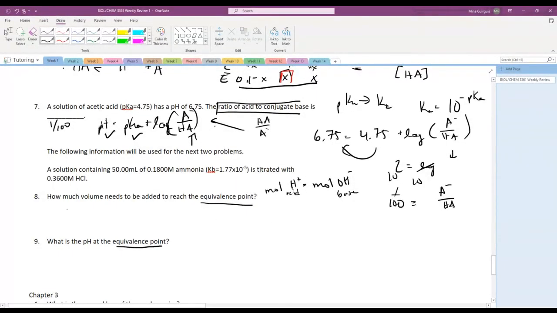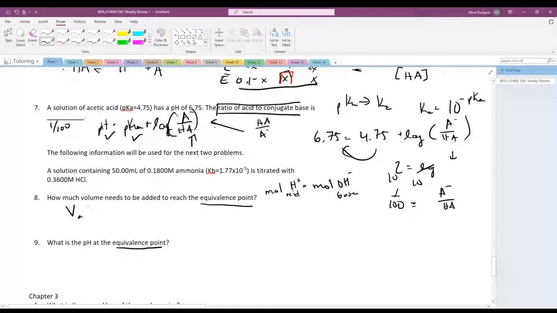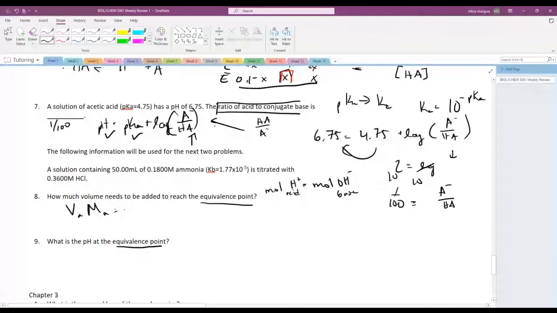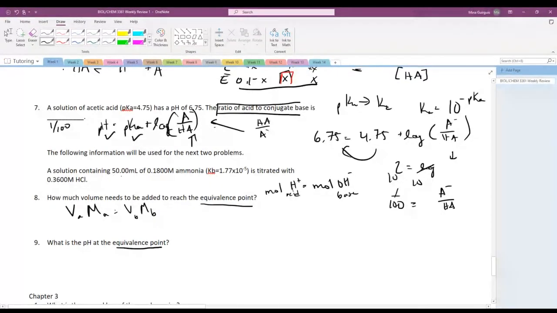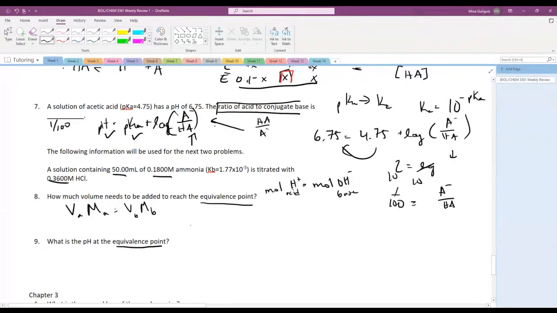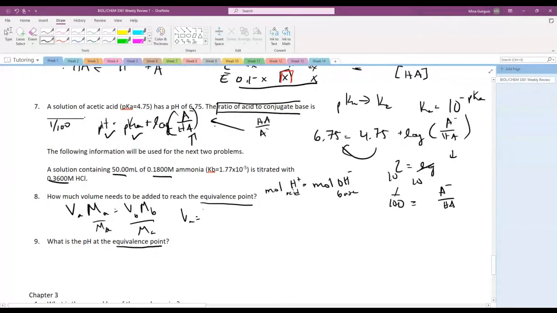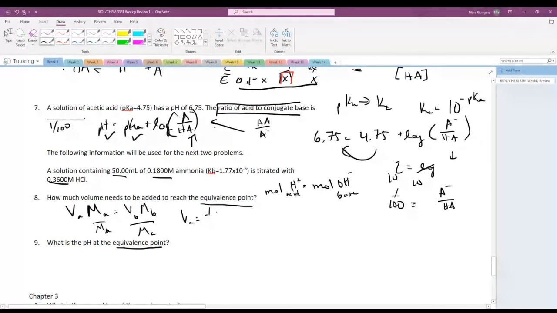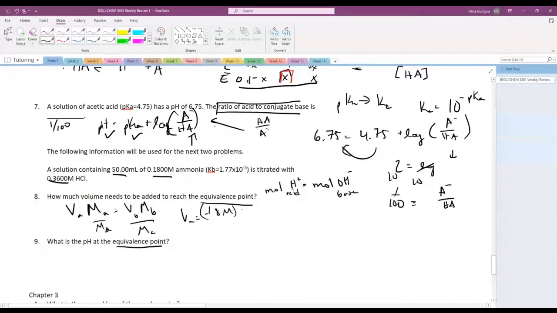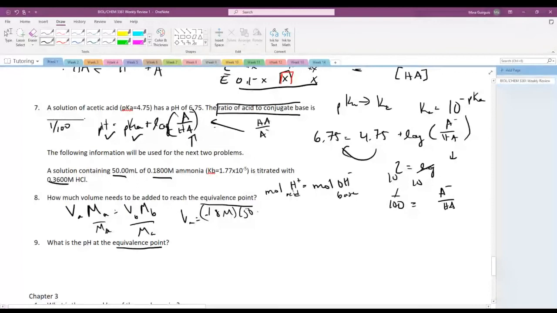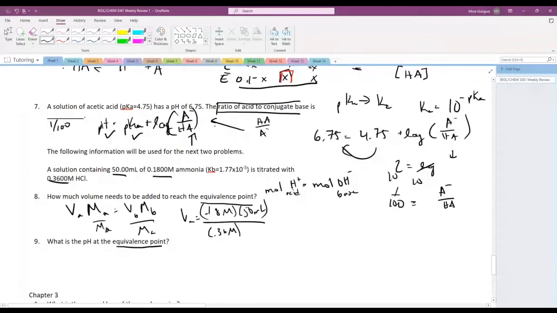So we can set up the equation of volume of acid times molarity of acid equals volume of base times molarity of base. We have the volume and molarity of base, and we have the molarity of acid. In other words, the volume of acid is equal to, I'm just going to divide by the molarity of the acid, so 0.18 molar times 50 milliliters over 0.36 molar gives us our volume.